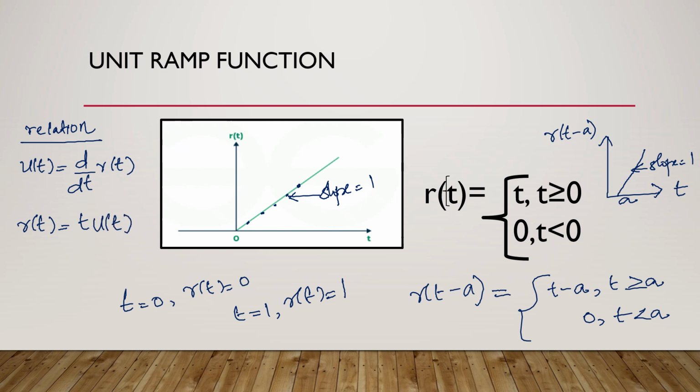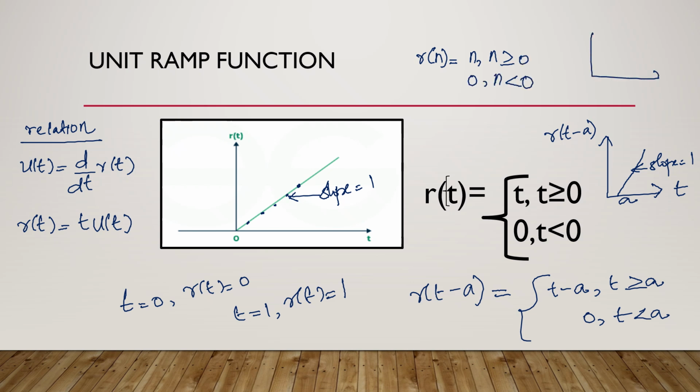Similarly, we can do this for discrete time also. r of n will be equal to n for n greater than or equal to 0 and 0 for n less than 0.